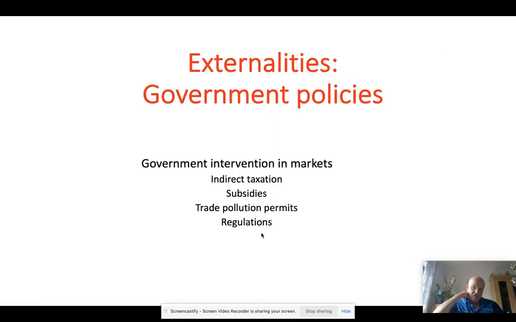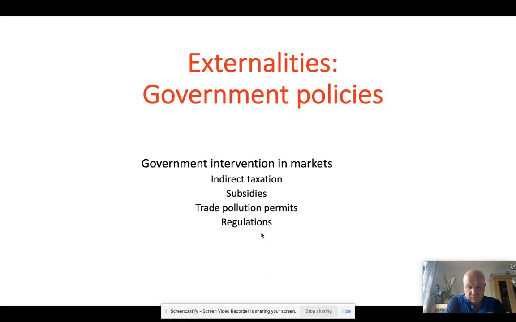So, just to sum up then, in terms of externalities and what the government can choose to do, and this is something that we'll look at in a bit more detail in the next presentation, the government's got a range of options that it can choose to use. That is basically government intervention. The areas we're going to look at, and we've touched on a few already, we've certainly touched on subsidies. We're also going to look at indirect taxation.